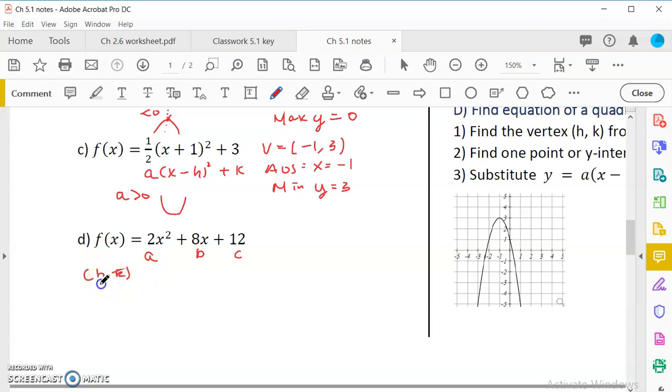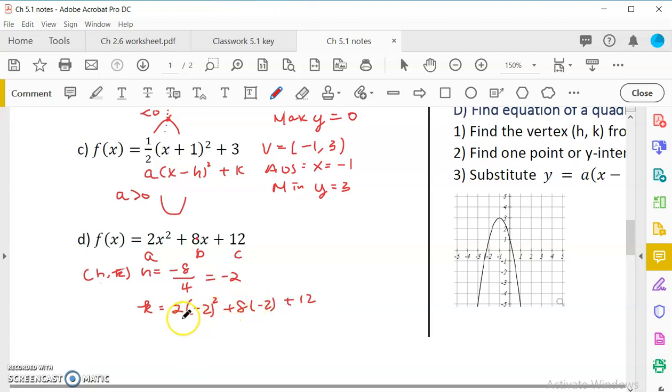x is equal to negative b over 2a. 2 times 2, 4. So it's negative 2. For k, put this back: whatever you have for h, you put it back and calculate it, because that is how you do it.